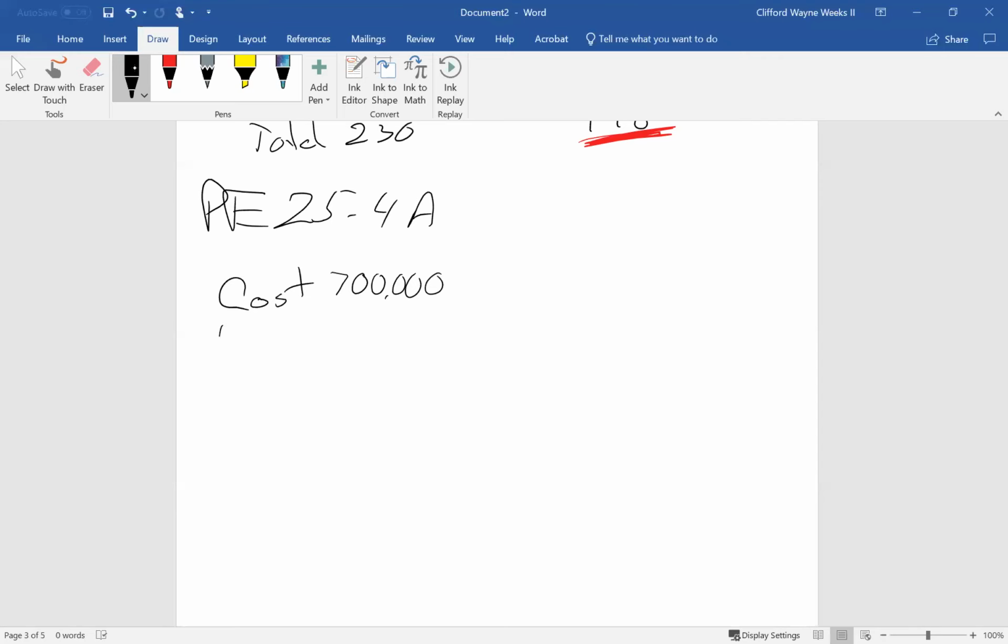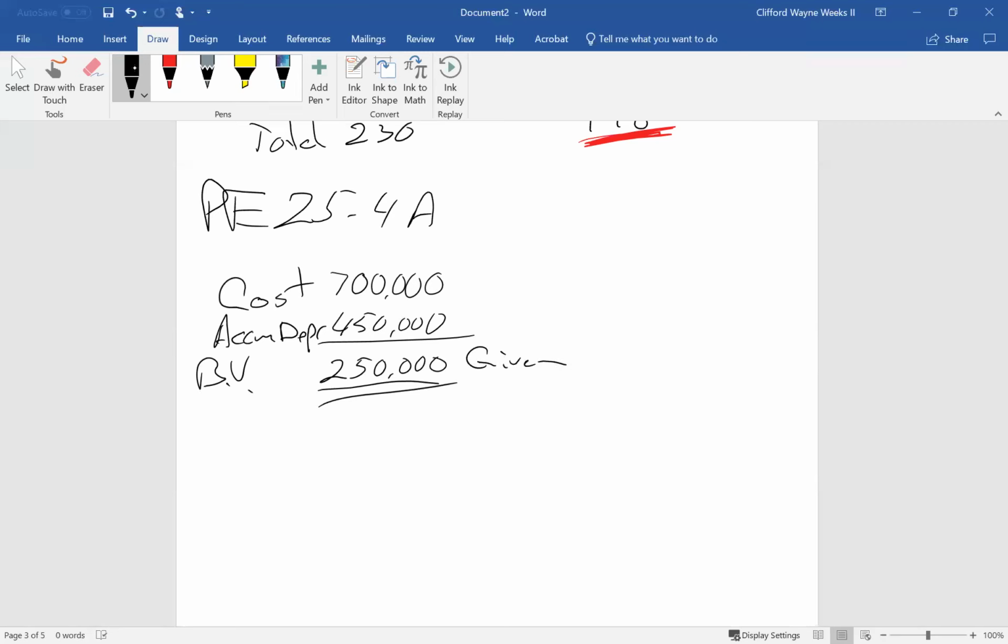We have accumulated depreciation on this thing of $450,000. That brings us down to a book value of 250.